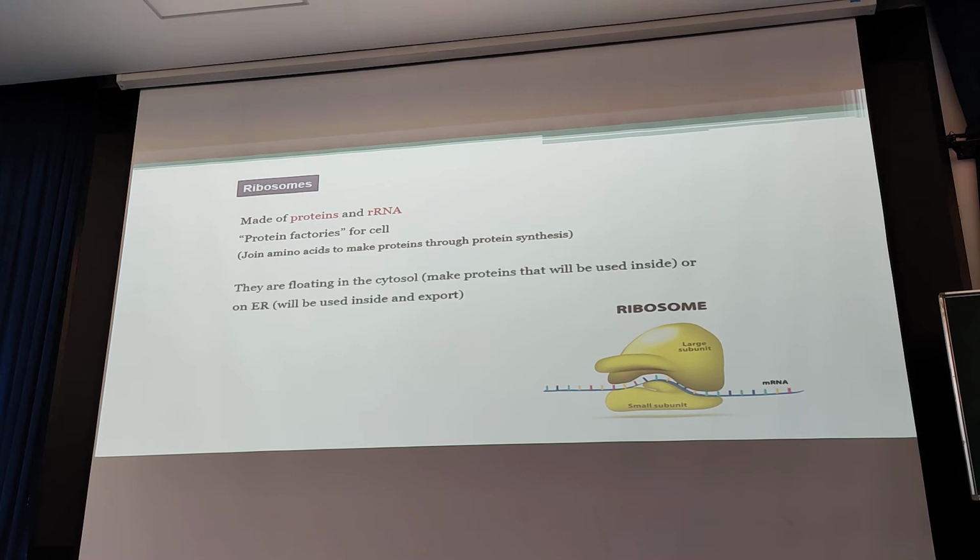They float in the cytosol and make proteins used inside the cell, or they can stick onto another structure inside the cell. We call it the ER, which we will discover in the next slide. Ribosomes stuck on the ER make proteins used inside, and most of the proteins to be exported are also synthesized in the ER.